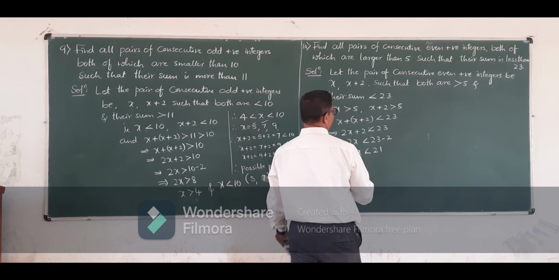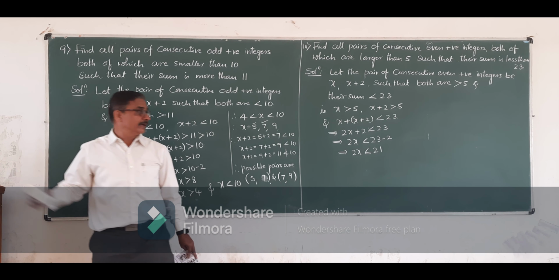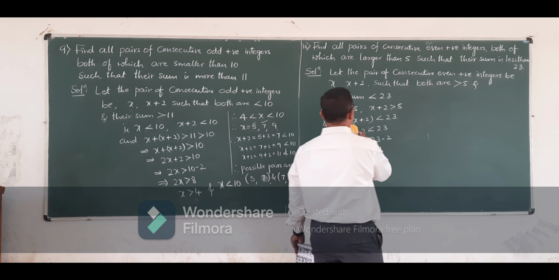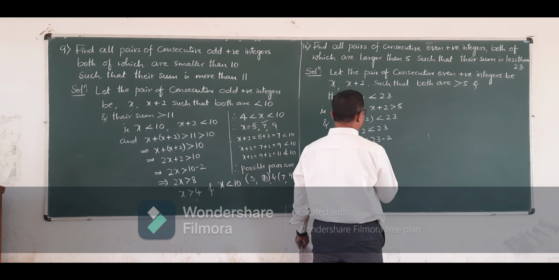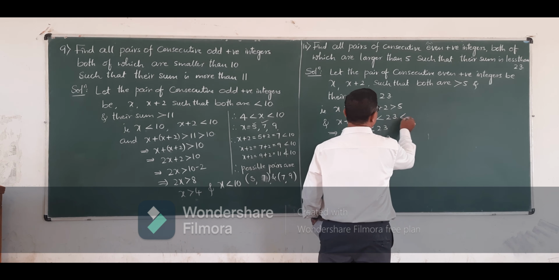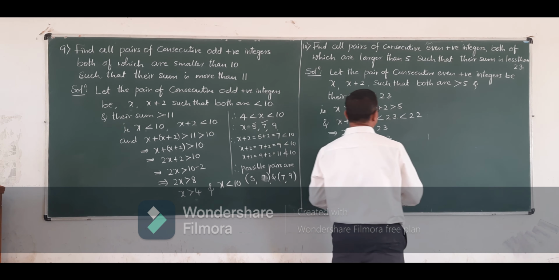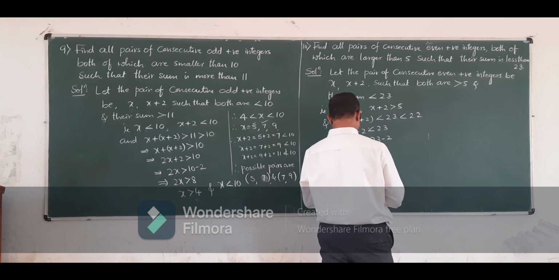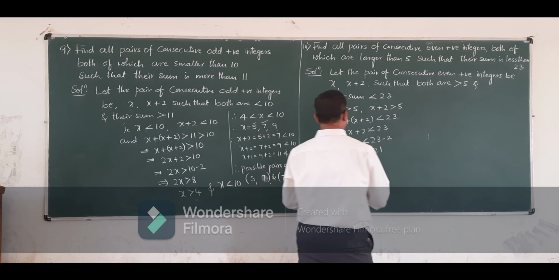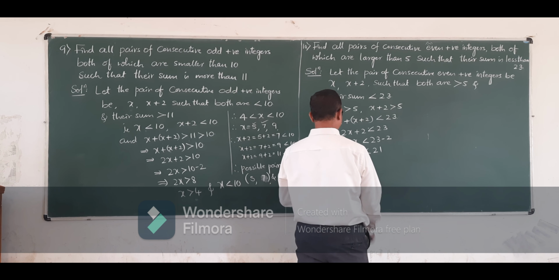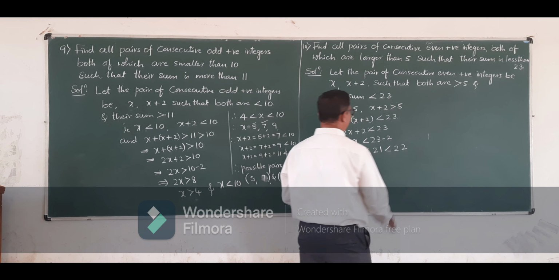Here this is a fraction value. So what can we do? Now again here, in the previous example, x plus 2 less than 23. That 23 we take as less than 22. Or if you take here 2x less than 21, okay, but 21 is less than 22.